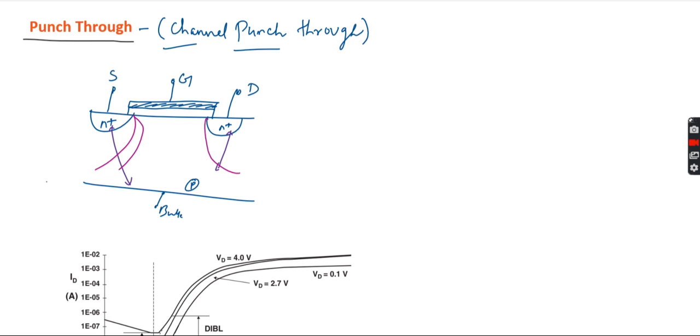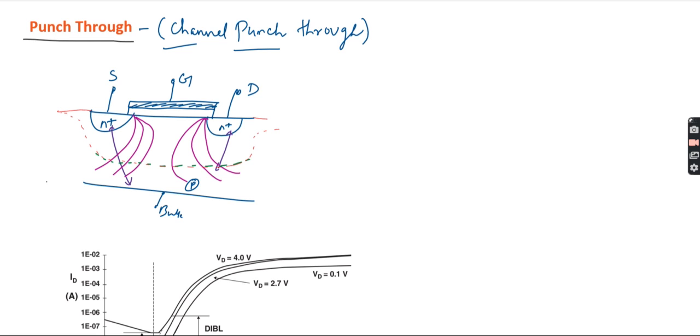Then we get like this, then it will go like this. So now your depletion region will be like this. See, your depletion region will be extended. If I take a complete diagram, you will have the depletion region like this.